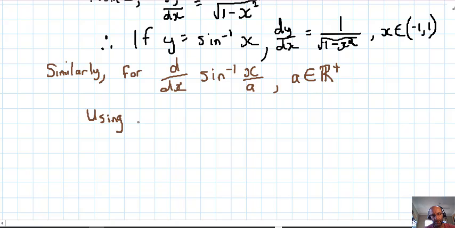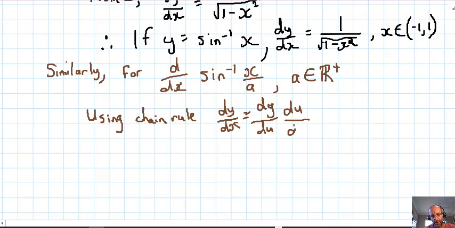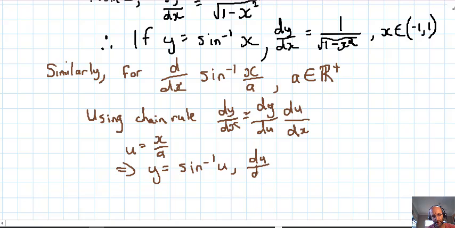With the familiar chain rule, dy/dx is dy/du times du/dx. u would equal x over a, and y equals inverse sine of u, and du/dx would just be 1 on a, and then we'd multiply that together and simplify it. You could try that yourself if you like.